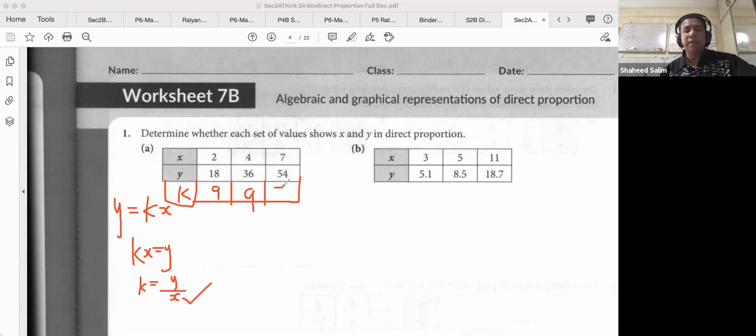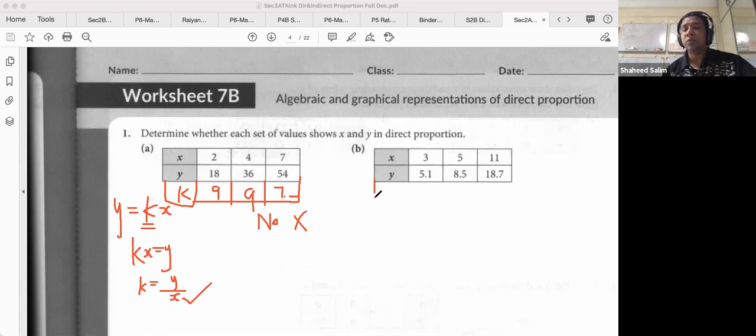So is it in direct proportion? No. Why? Because 7 point something is not the same. K is supposed to be constant, whereas here k is not constant. 9, 9, 7.5. So this is not in direct proportion. Okay, this is one test.